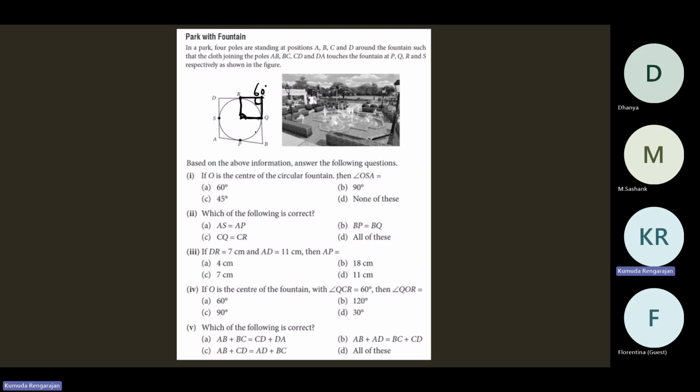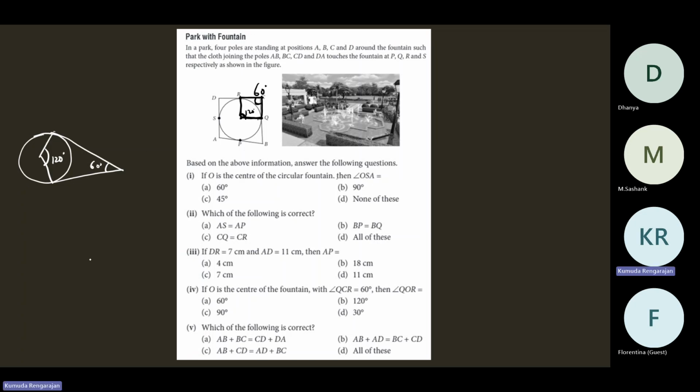So opposite angles are supplementary. So this will be 120 degrees. Let me show you like this. Circle. Tangents from an external point. So if this is 60 degrees, this angle will be 120.